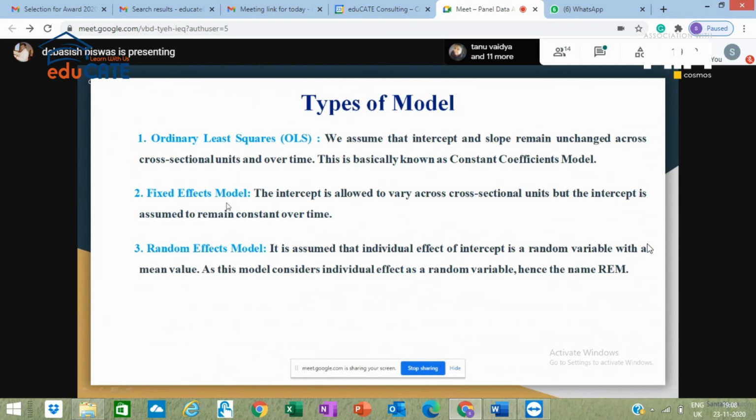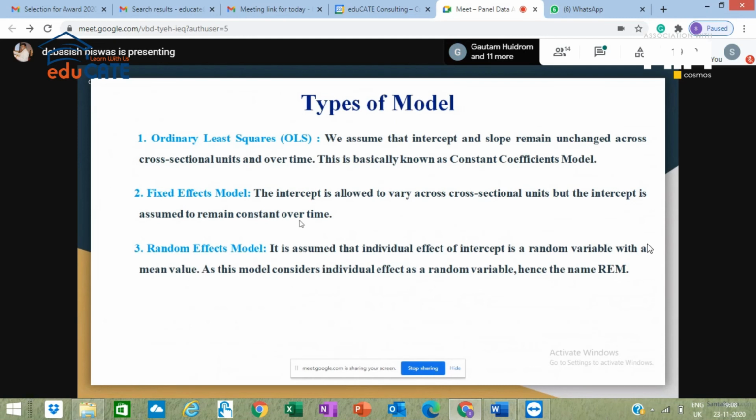So the model is called fixed effect. Why it is fixed effect? Because we are assuming that it is time invariant. The intercept is time invariant. It does not change due to change of time. In that case, the model will be called as fixed effect model.